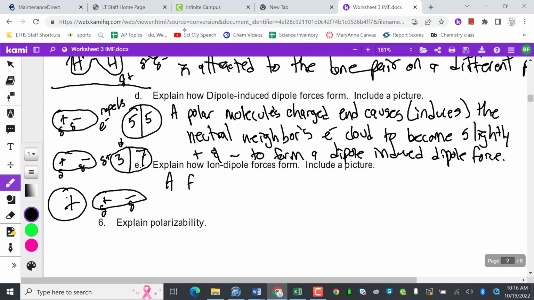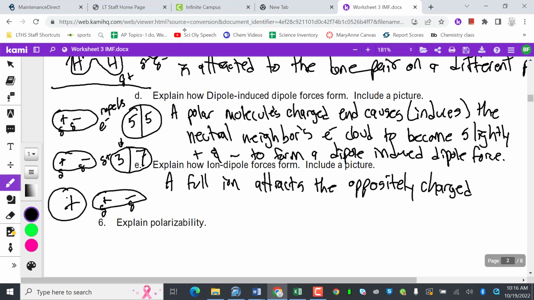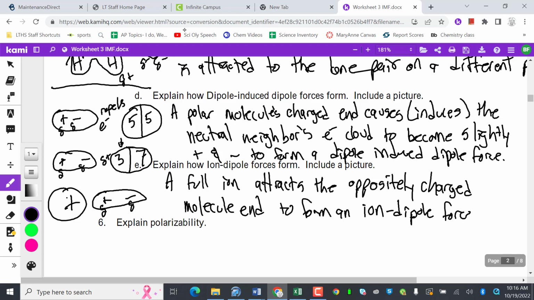So a full ion attracts the oppositely charged molecule end to form an ion dipole force. And again, I like forces for intermolecular forces. It indicates that they're weaker and are usually shown as dashed lines.